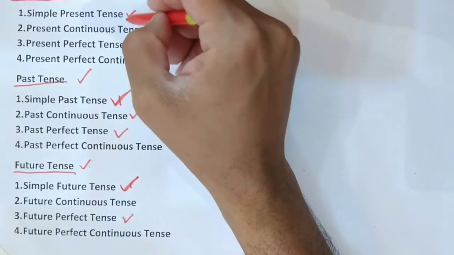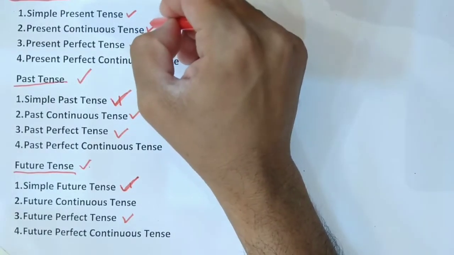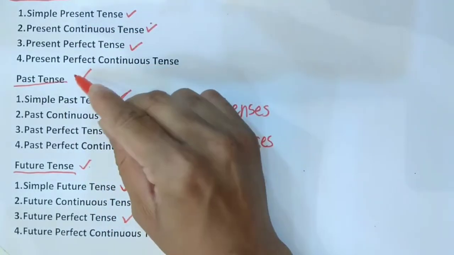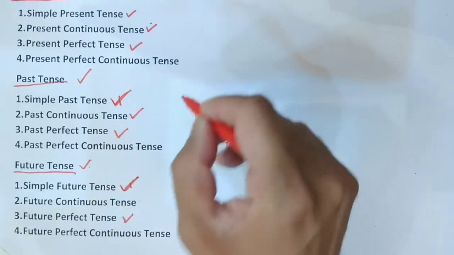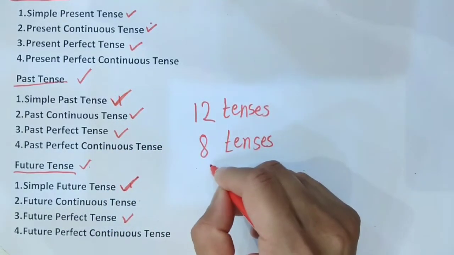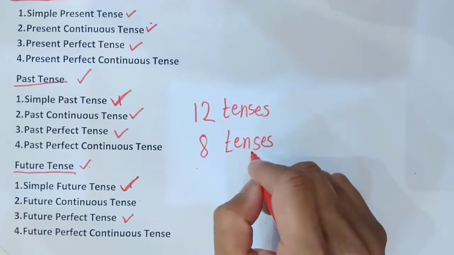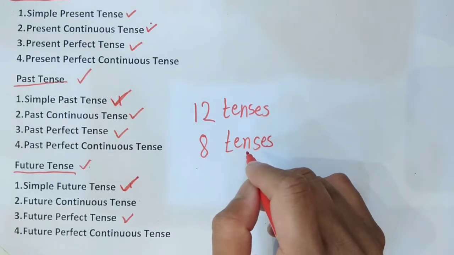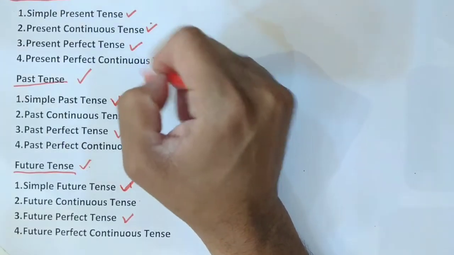So 3 subtypes from present tense, 3 subtypes from past tense, and 2 subtypes from future tense. In this way, only the sentences from these 8 tenses can be converted from active voice into passive voice. I read the subtypes, the sentences of which can be converted from active voice into passive voice.